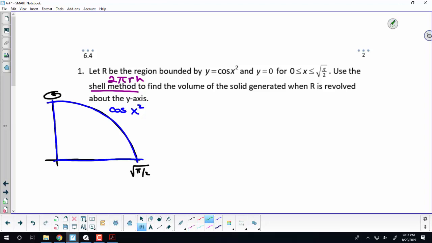We're using the shell method, rotating around the y-axis, so our shells are parallel to the axis of revolution. Those have a tiny thickness dx. So everything is in terms of x: we need our bounds, our function, the radius, and the height of each shell in terms of x as well.